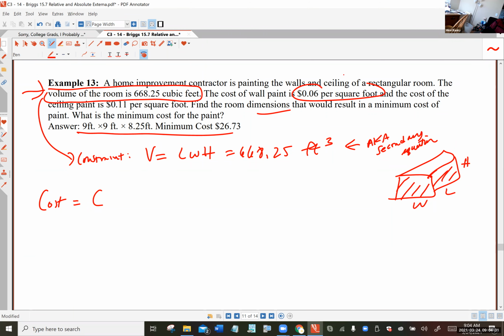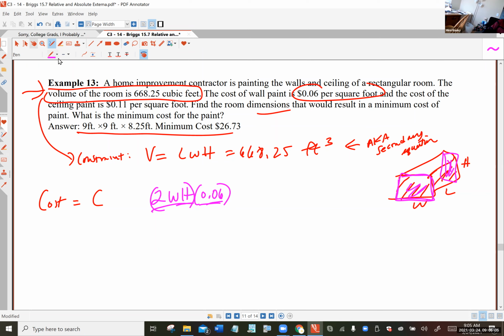Let's first do this wall right here, which has area WH. Keep in mind, there are 2 of those because you've got the back side. You've got 2WH, but you're going to multiply that by 0.06 because that area, the front and the back that I've shaded in pink, whatever square footage it is total, is costing us 6 cents per square foot to paint.